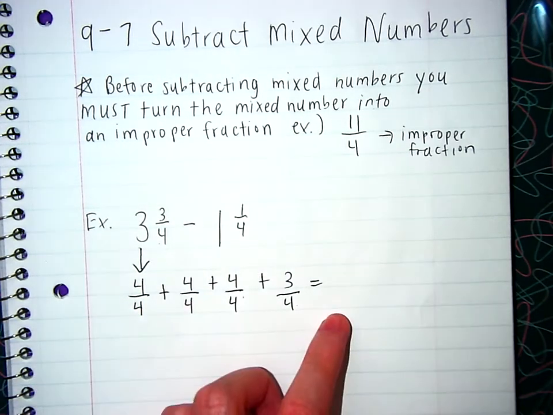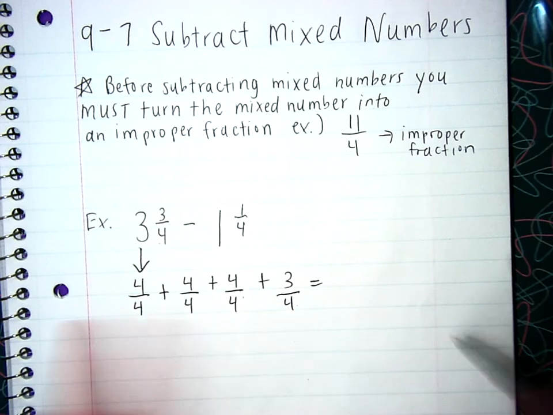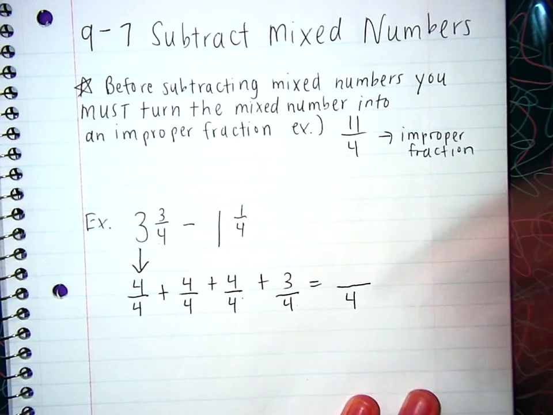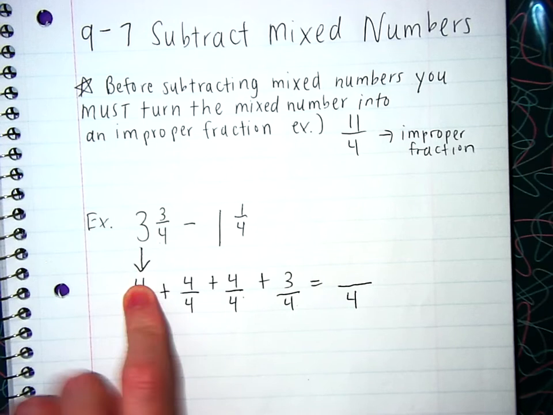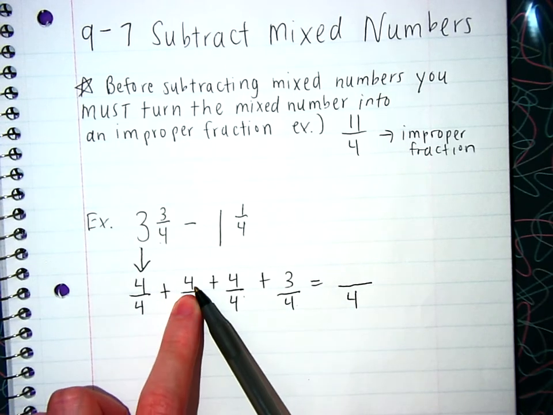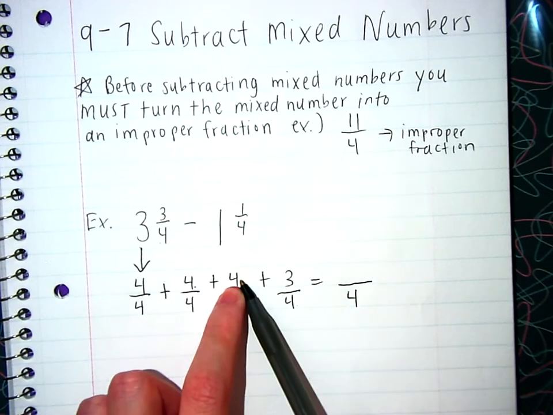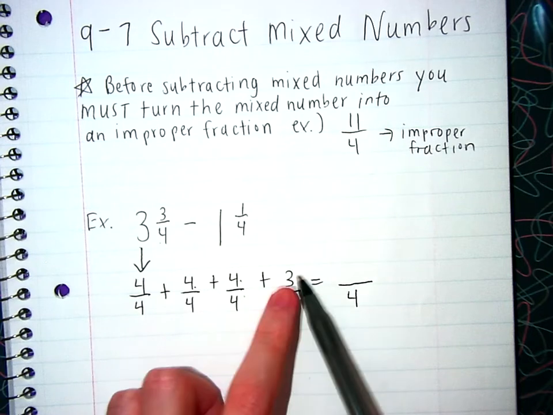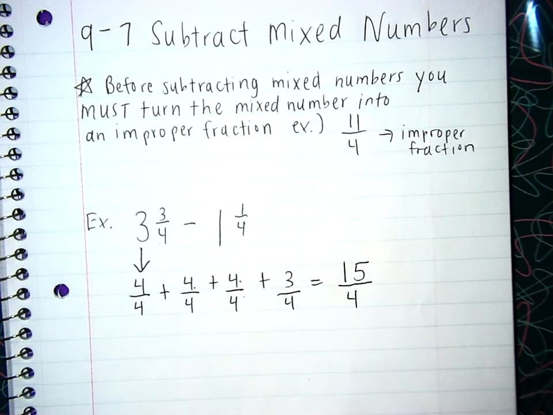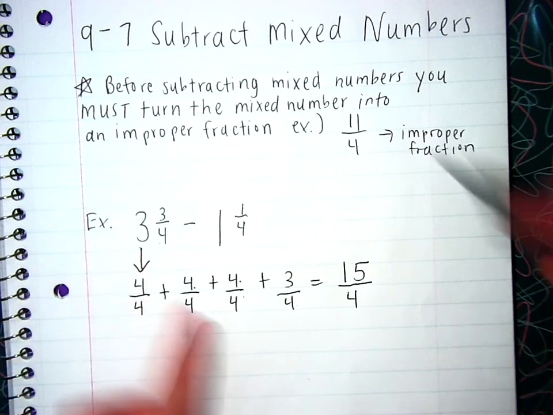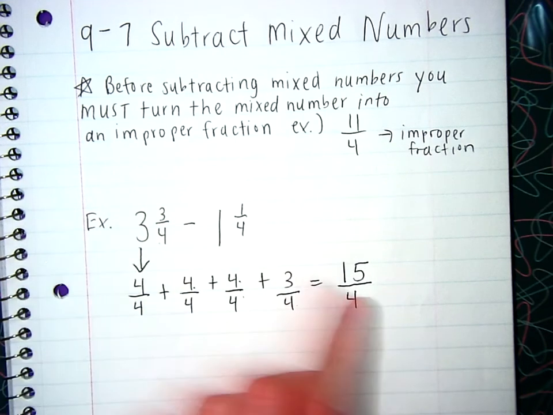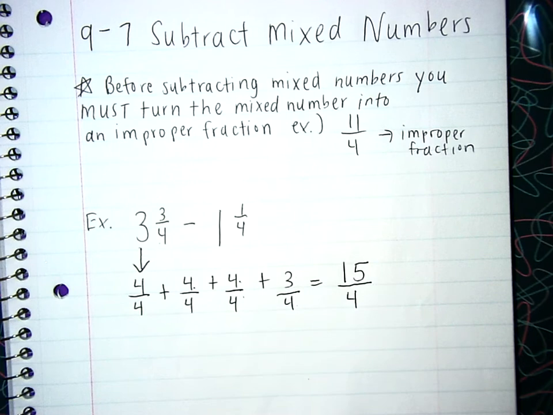In this case, the denominator is 4. So I know no matter what, my denominator is going to be 4. So now I'm going to add up my numerators. So 4 plus 4 is 8. 8 plus 4 is 12. Add the 3, and it is 15/4. So this mixed number is this improper fraction.